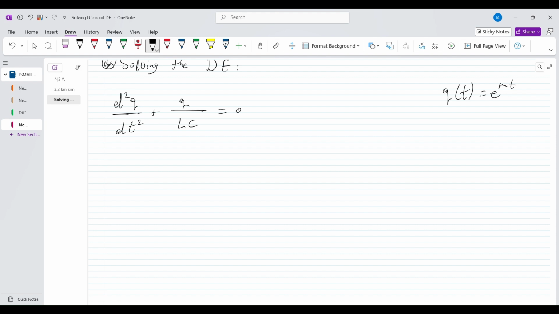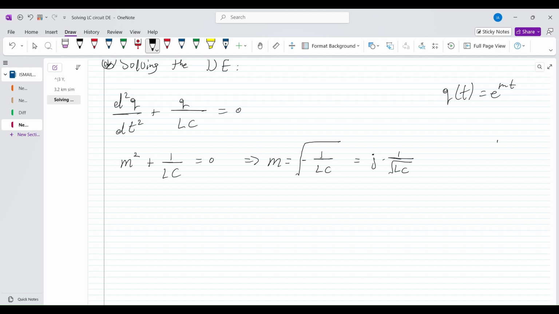So if I substitute this one here, then divide by e to the power mt both sides, I will get m squared plus 1 over LC equals 0, which means that m squared is equal to minus 1 over LC, which means that m is equal to this square root. And this will be equal to j multiplied by 1 over square root of LC.